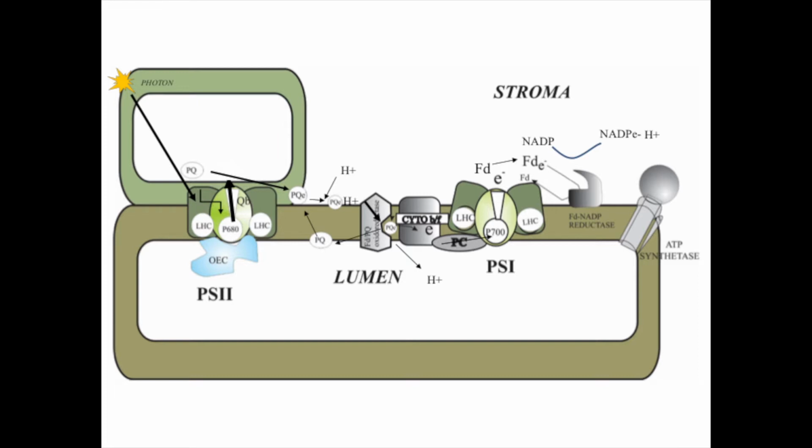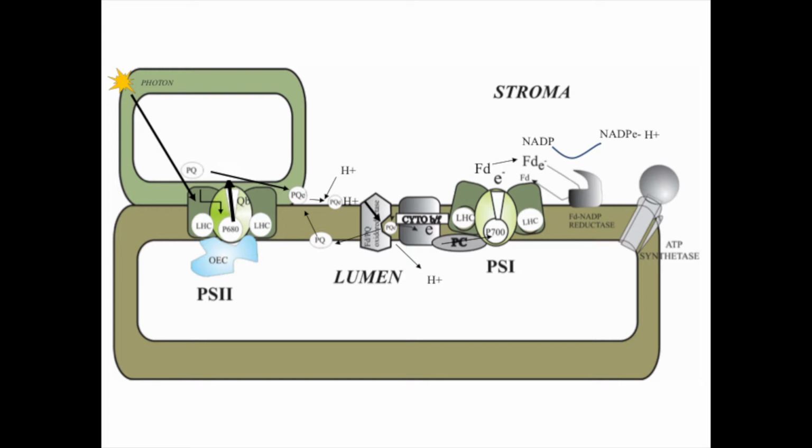Since the cytochromes can carry only electrons and not protons, this causes the accompanying proton to fall off into the luminal space. Oxidized PQ is then recycled. The electron is immediately passed to PC, plastocyanin, which then shuttles the electron back to the reaction center chlorophyll in photosystem 1, thus reducing it. Now, photosystem 1 is ready to work again.